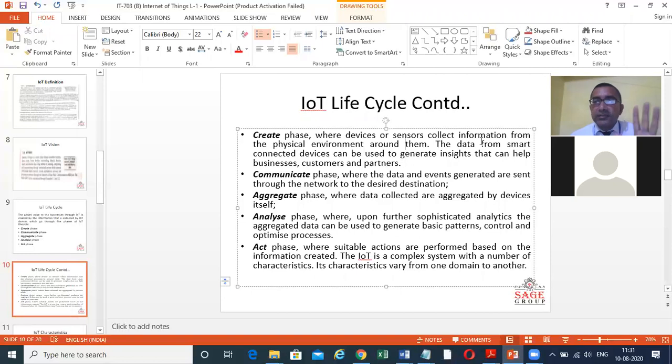Now next is the analysis. This is the main thing. I want to run my water pump, and the condition is that when soil moisture is less than 90%, at that time my water pump will be activated automatically.